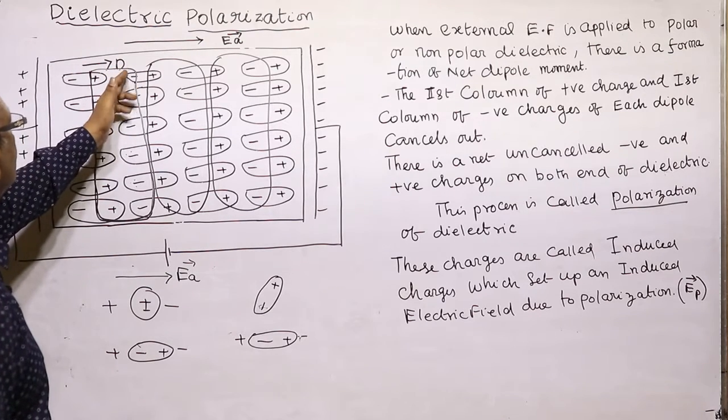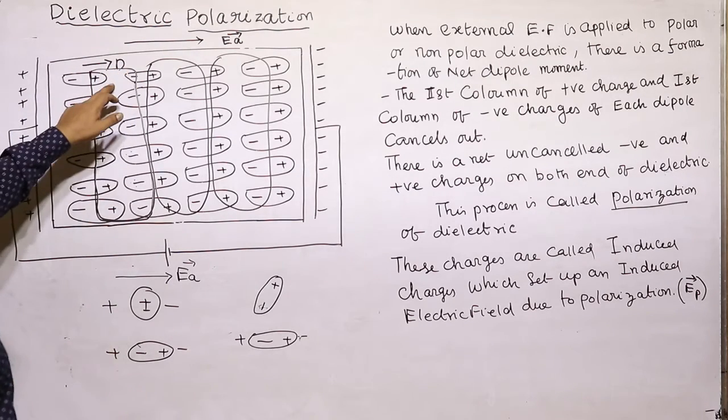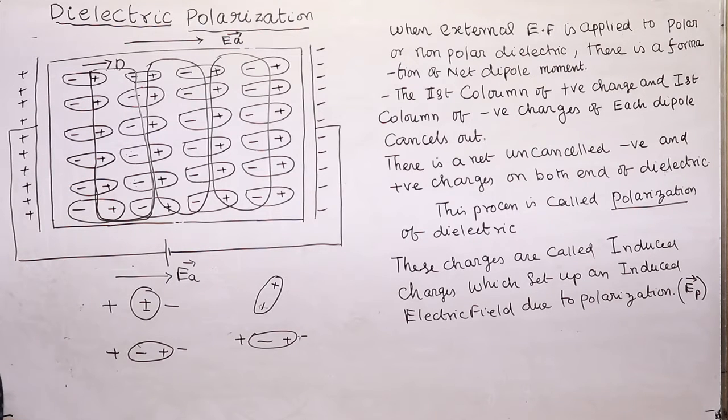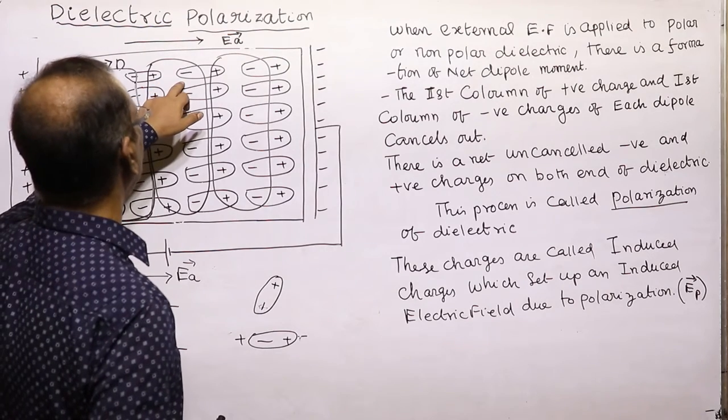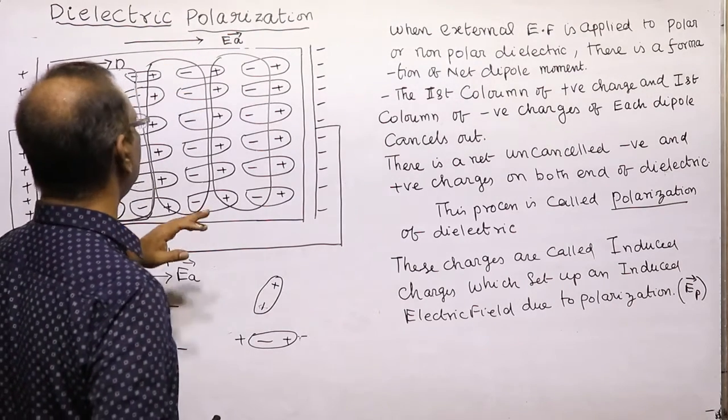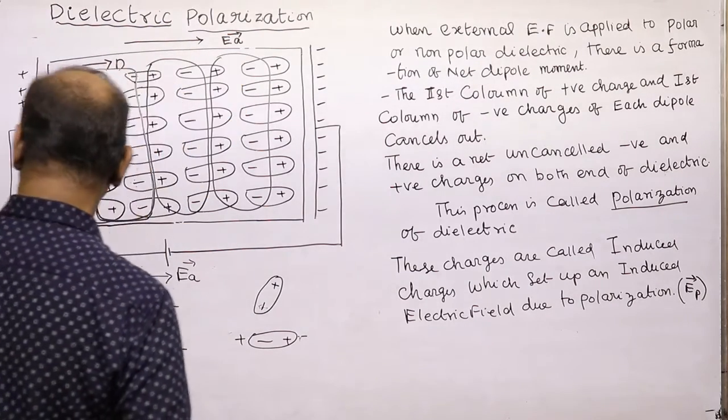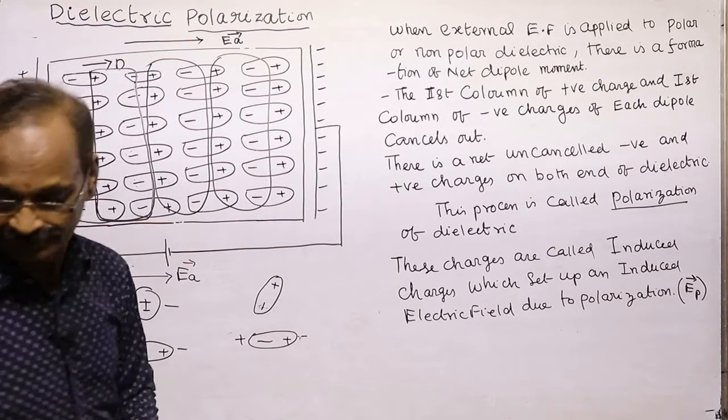This side of the other molecule is negative, negative, negative. The positive and negative of the dipoles will cancel each other out. Here also the positive and negative of the dipole developed will cancel out each other. Here also the same thing. In that case, what will happen?